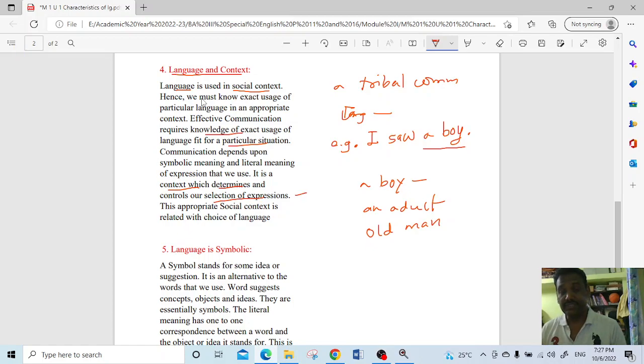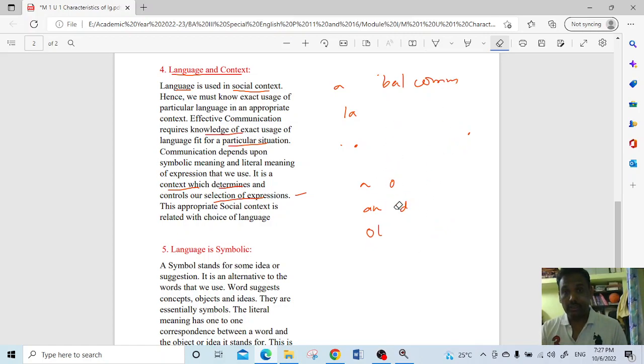What does that mean? See, for example, while talking with your friends, when you meet your friend, the word you utter is hi. And when you meet your teacher, you say good morning.